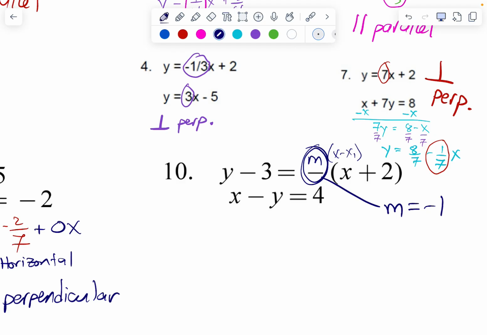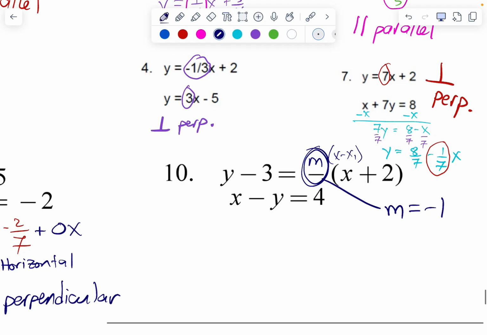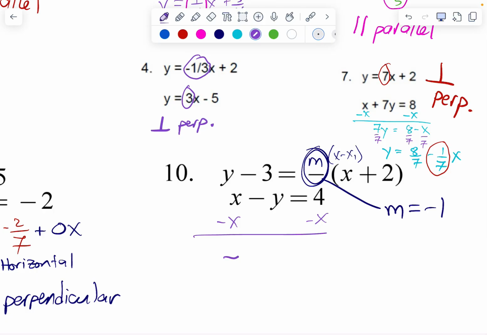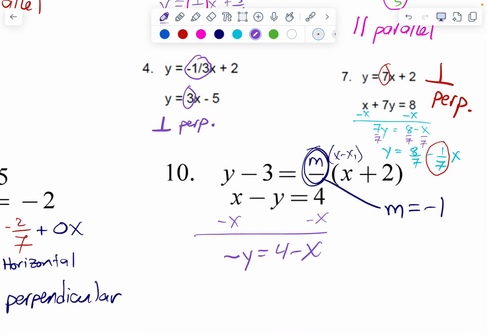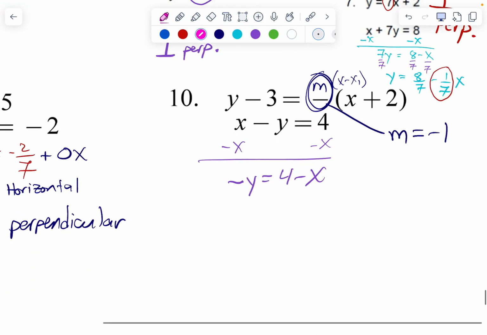Is this bottom one in a slope recognizable form? No, we need to do that. How? Subtract x. Don't forget to leave the negative on your y. Now what? How do we get y by itself?